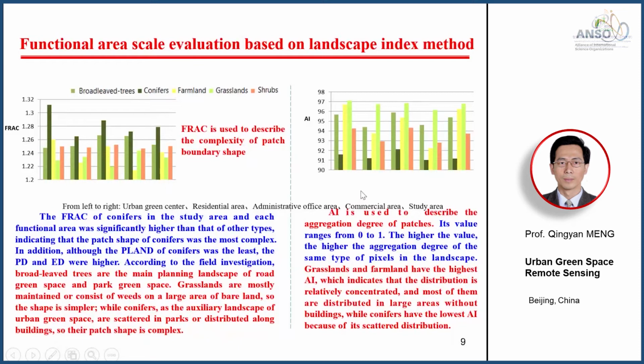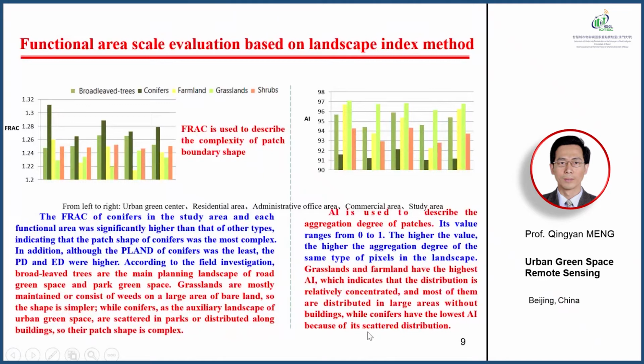And the grassland here, this color, and the farmland, yellow color, have the highest aggregation index, which indicates that the distribution is relatively concentrated, and most of them are distributed in large areas without buildings.